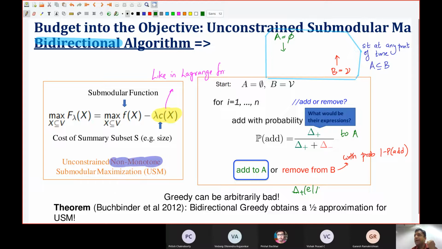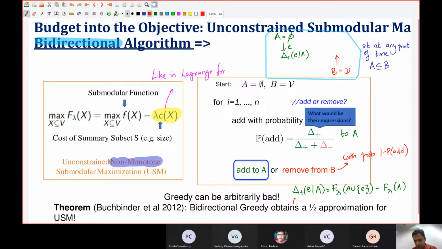Delta plus will be looking at A or B? A. What do you think this will be? F lambda of A union E. Basically, if you're trying to add E here, what is the gain? Minus f lambda of A.